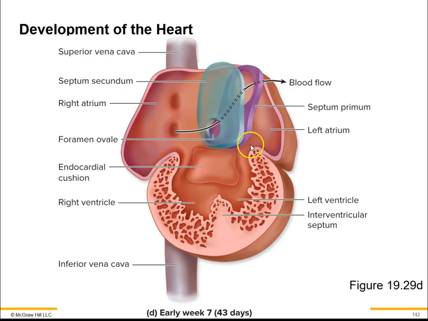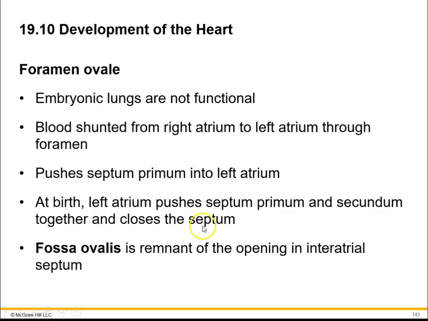So as blood fills up in this left atrium when you're born, it's going to push this septum primum against the septum secundum, and that's going to cause these to fuse together and close that foramen ovale. And that's how the foramen ovale closes and becomes the fossa ovalis. Remember, the fossa ovalis is the remnant of that foramen ovale that we can see in the interatrial septum.